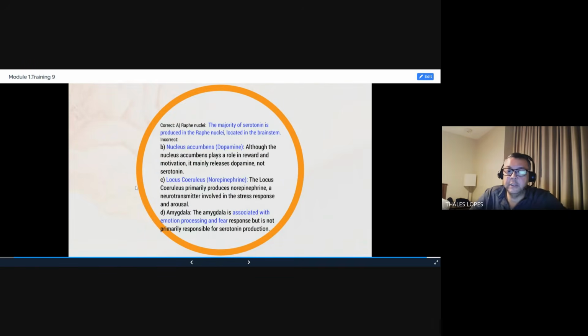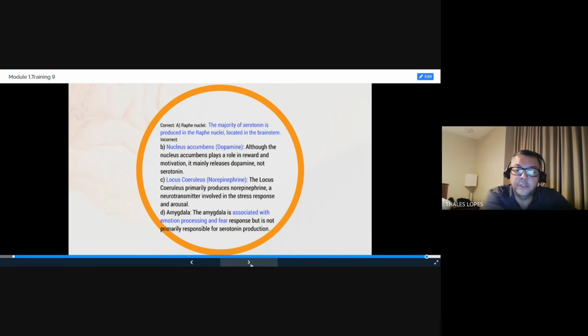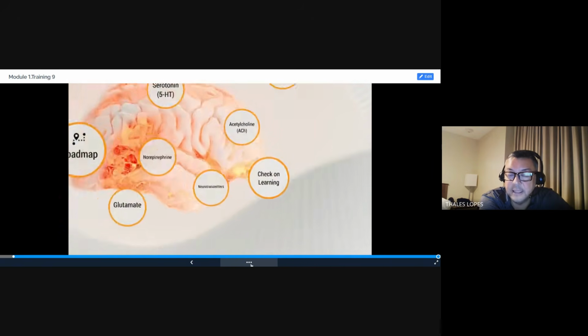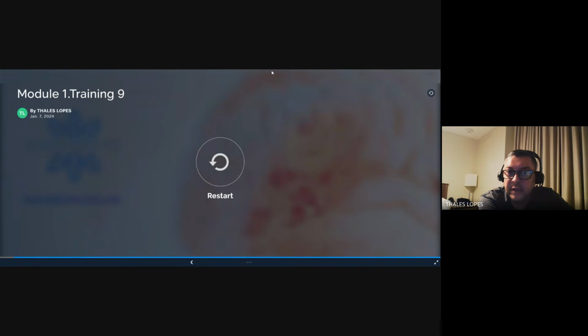Now remember, the nucleus accumbens would be dopamine, the locus coeruleus would be norepinephrine, and the amygdala is not associated with neurotransmitters but more with fear and the fear response. It is not primarily responsible for serotonin production, right? And smells. So that you have it.